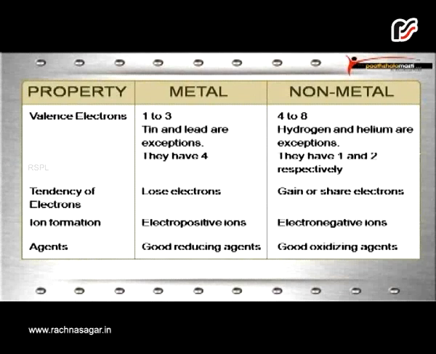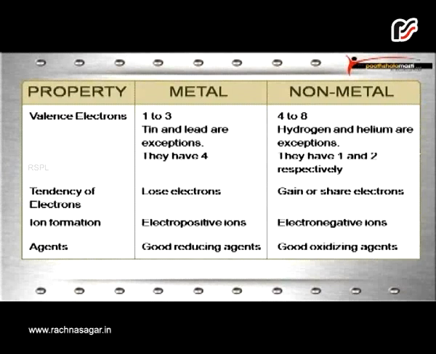The second way of identifying metals and non-metals is by measuring the tendency to lose or gain electrons. Metals have a tendency to lose electrons and form positive ions. That is, they are electropositive in nature, whereas non-metals have a tendency to gain electrons and form negative ions.